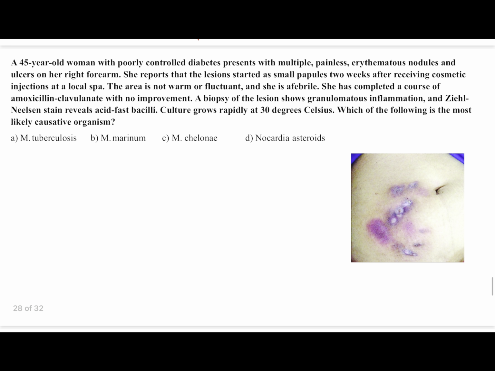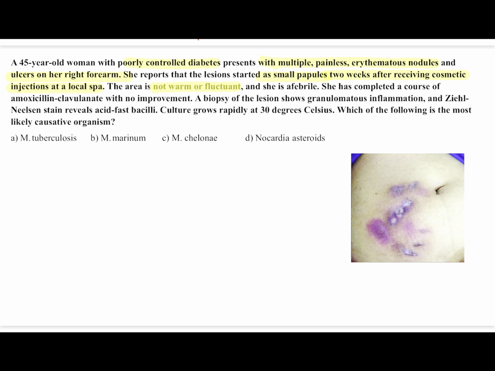Next question says a 45-year-old woman with poorly controlled diabetes presents with multiple painless erythematous nodules and ulcers on her right forearm. She reports the lesions started as a small papule 2 weeks after receiving a cosmetic injection at a local spa.